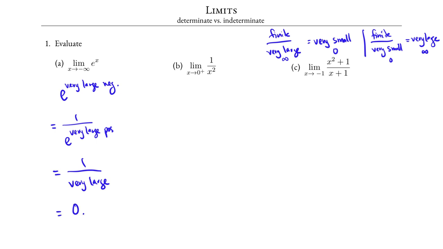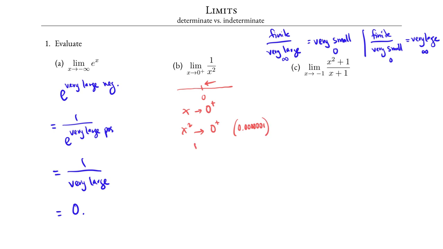For part B, x goes to 0 from the right hand side. And so we're approaching 0 from the right. 1 over x squared. Now x goes to 0 from the right hand side, then x squared would also go to 0, and it is positive. In terms of the limit, this is not quite equal to 0, but think of it as 0.000001 and so on.